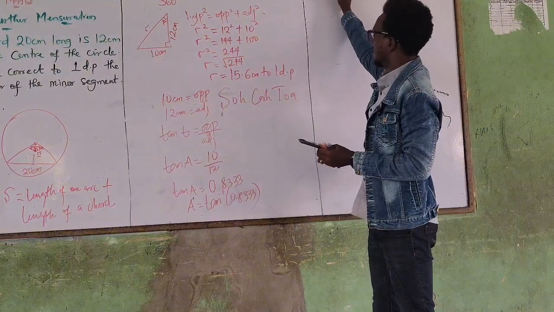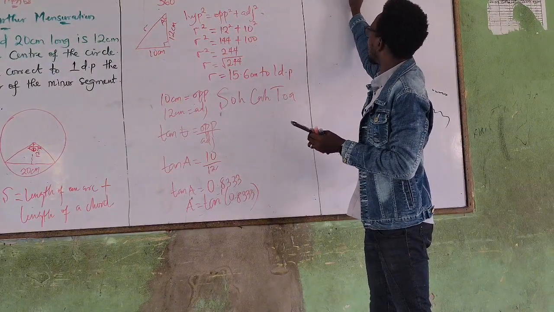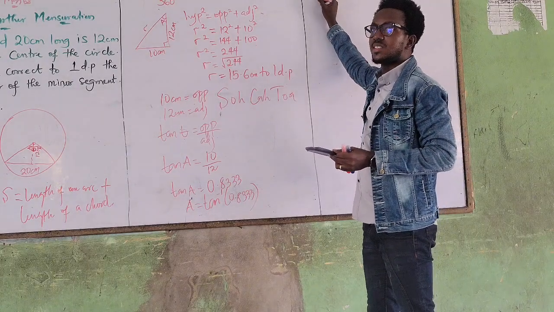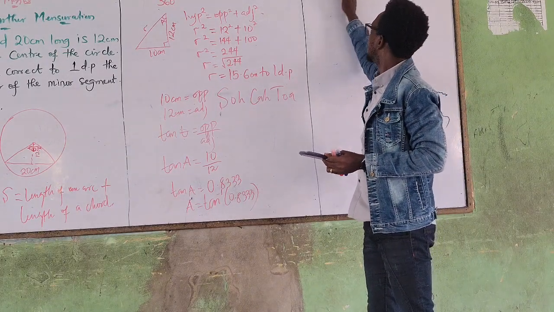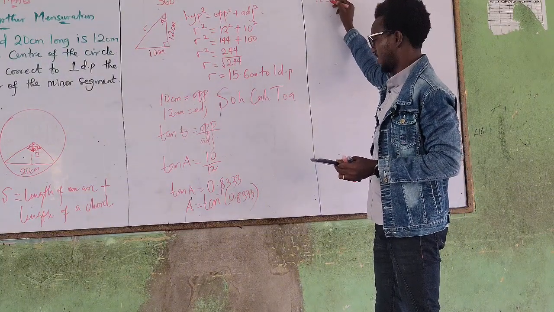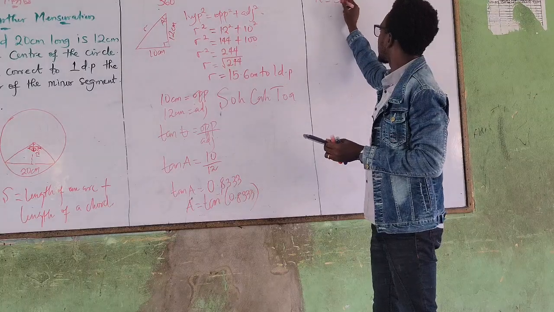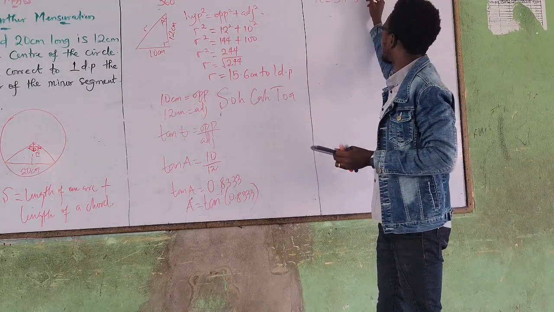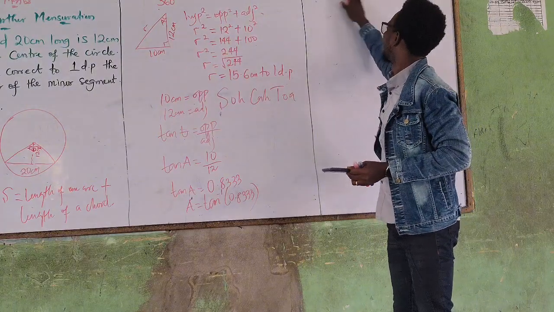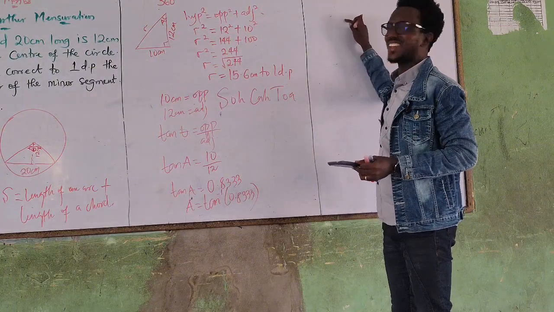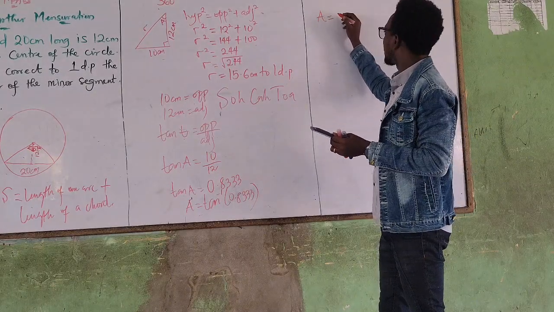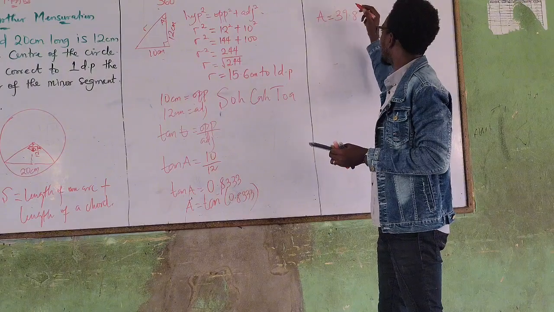That's going to give us 39.8. So A equals 39.8 degree.